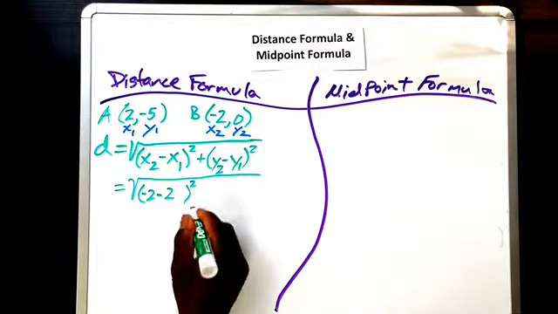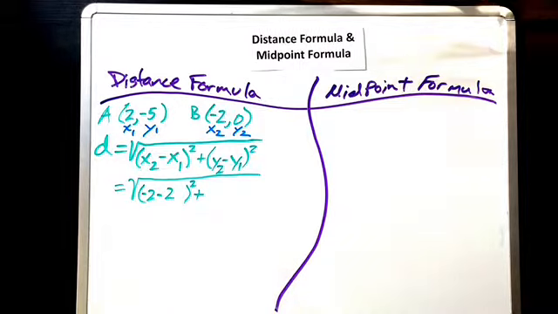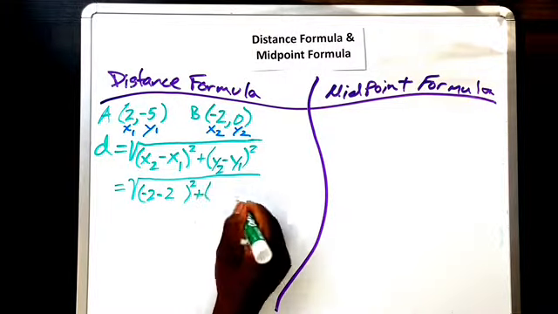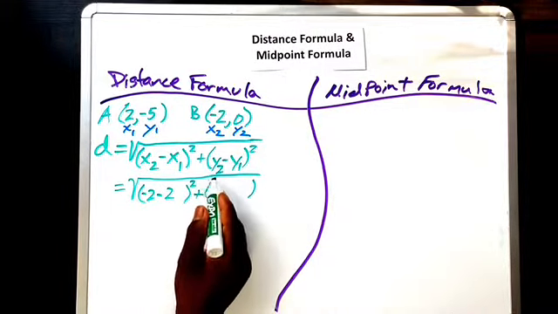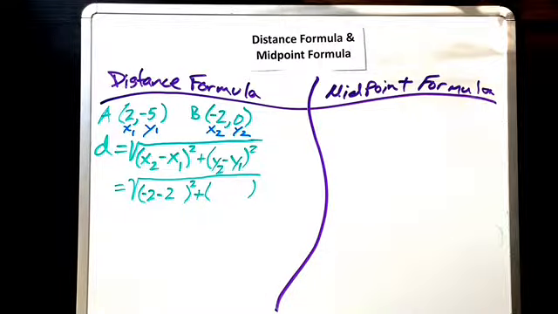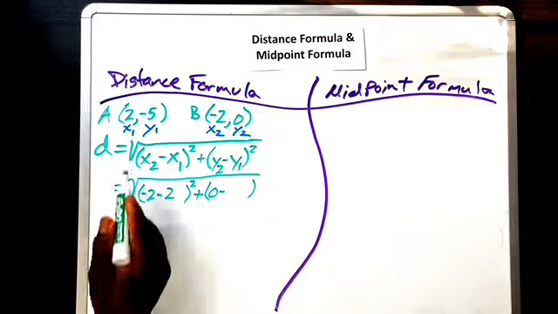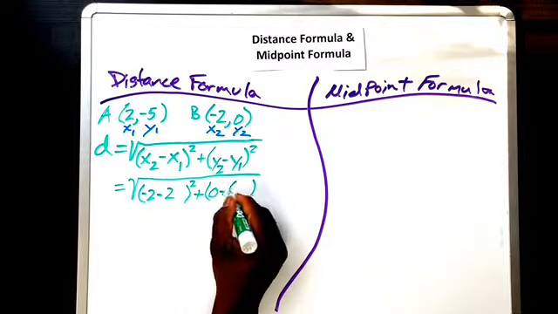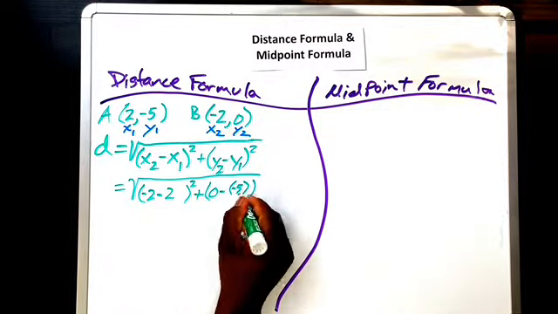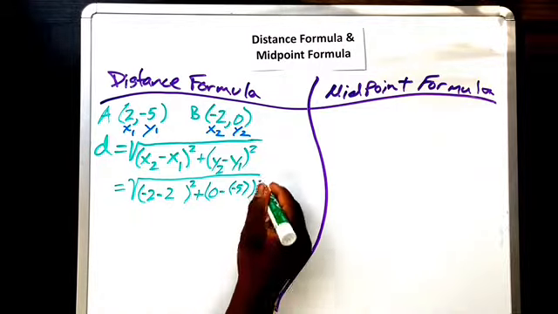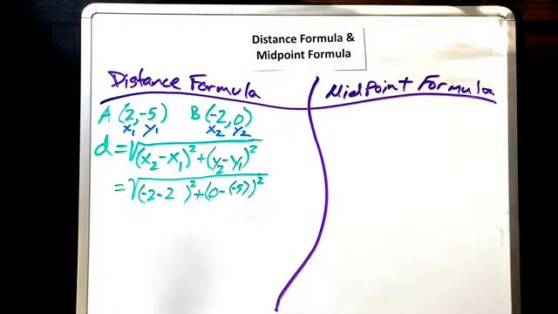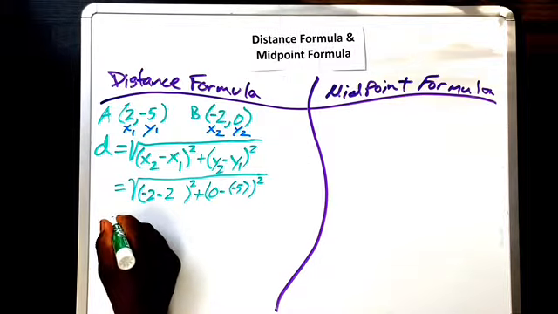I've seen that as a common error when solving a problem like this. And then we have the quantity of y sub 2, which is 0, minus y sub 1, which is negative 5. So I'm going to put that negative 5 in its own parentheses. Don't forget, squared. Very good.